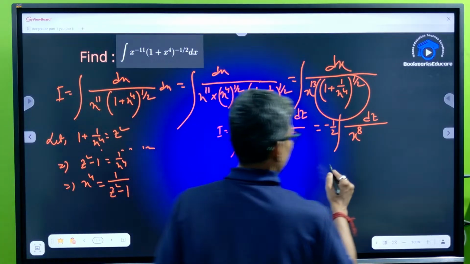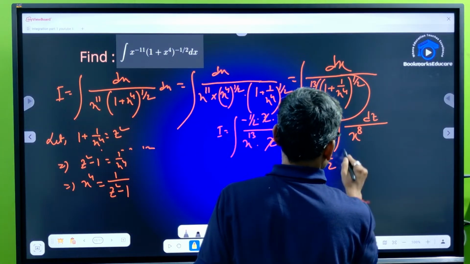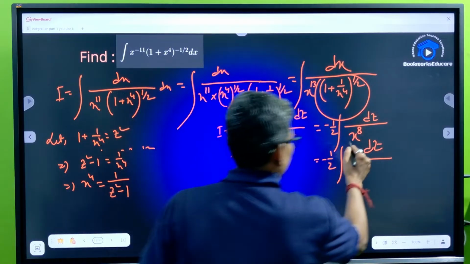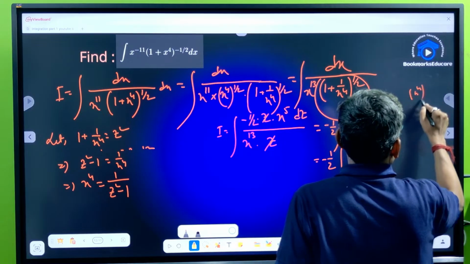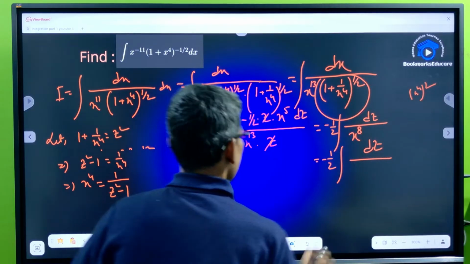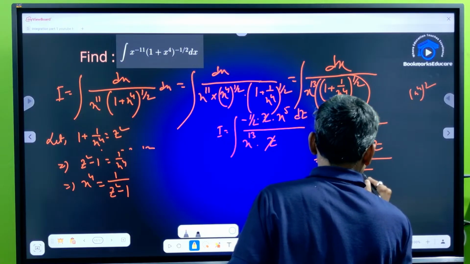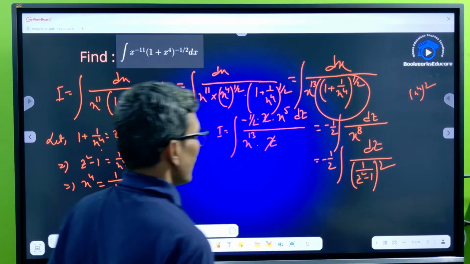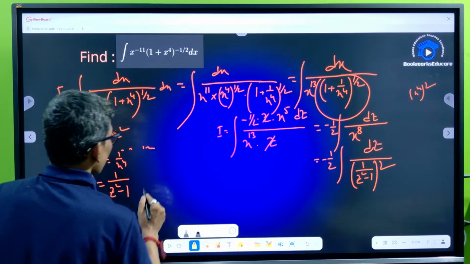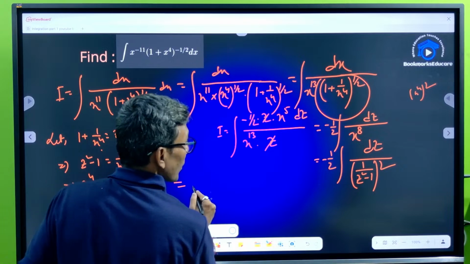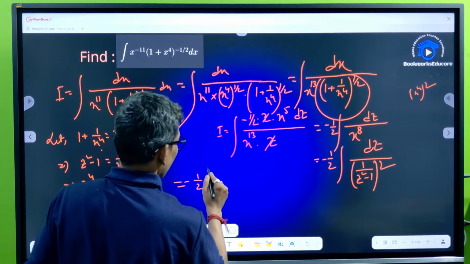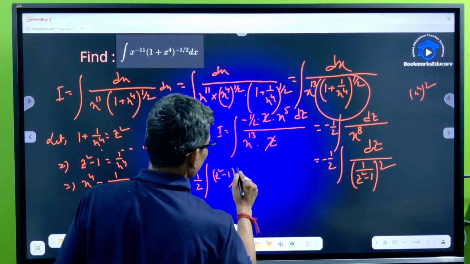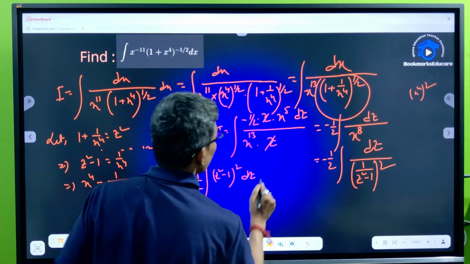So minus dz by x to the power 4 whole square. So x to the power 4 means 1 by this, and its whole square means this. So minus half z square minus 1 whole square dz.